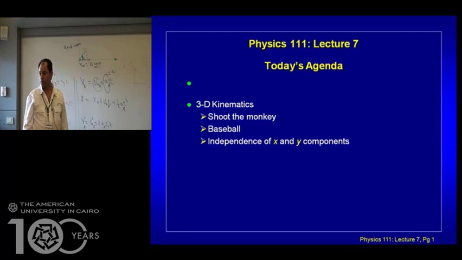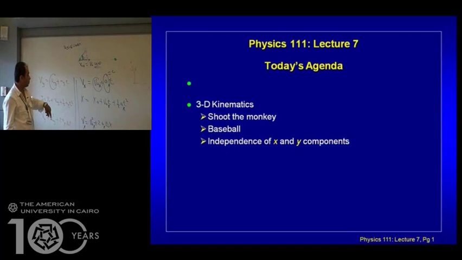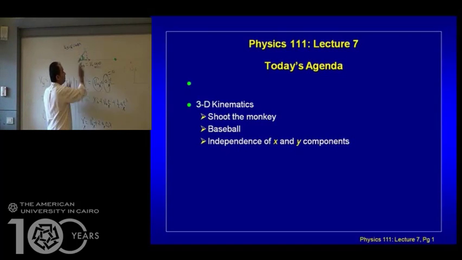Okay, guys? Then, what happens to the velocity along the x-axis? It did not change. It will continue moving along the x-axis with the same velocity forever. So that velocity here is the same as the velocity along the x-axis at that point.